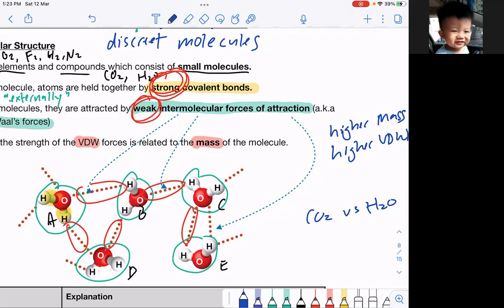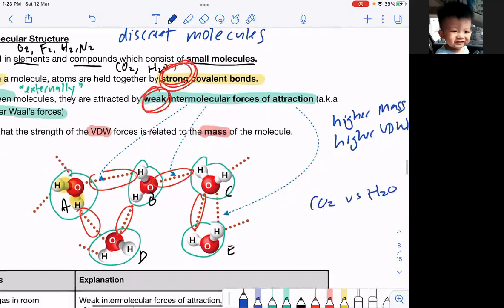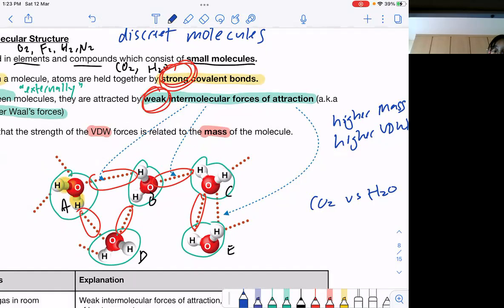Okay, Clary said CO2. Why? Clary, you're right. But why? Higher mass. What is the mass of CO2?